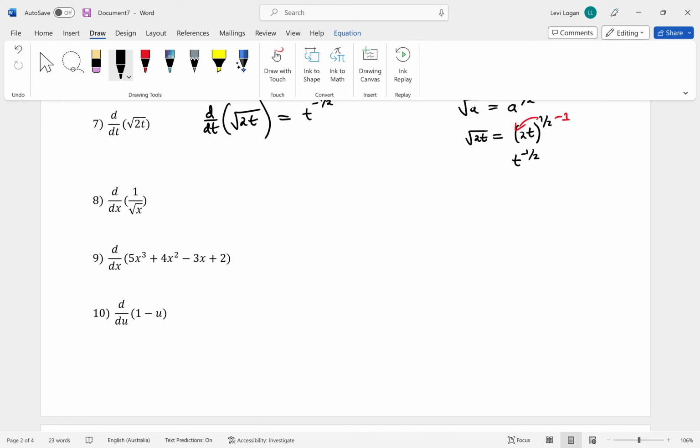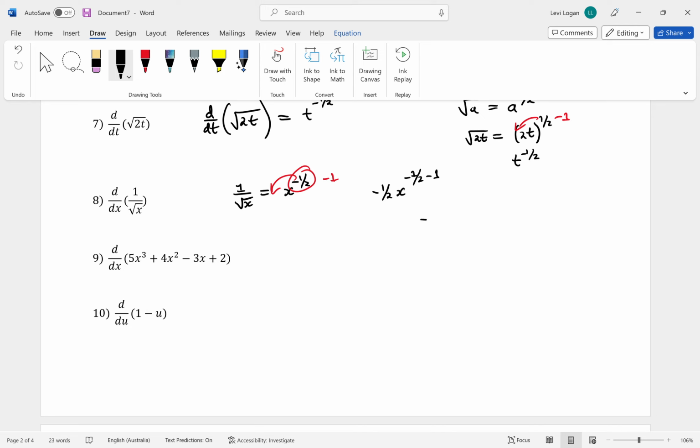Alright, so we have 1 over the square root of x. We can change 1 over the square root of x to x to the power of negative a half. All we got to do is bring this down the front and subtract by 1. So we're going to go negative a half x to the power of negative a half minus 1.